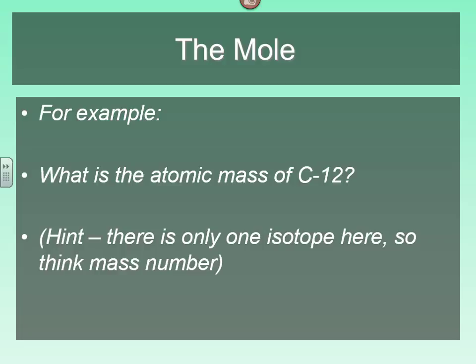So what's the mass number of carbon-12? 12. So the atomic mass of C-12 is 12 AMUs, to be more precise. So far, we've been weighing all of our atomic masses in AMUs. Remember, 1 proton is 1 AMU, 1 neutron is 1 AMU.